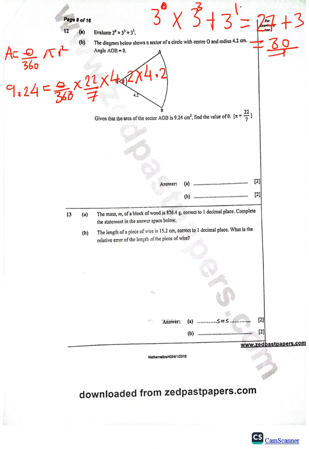So for a question like this one, let's reduce. First, 2 into 22 is 11, and 2 into 360 is 180. So here we get 9.24 times 180.